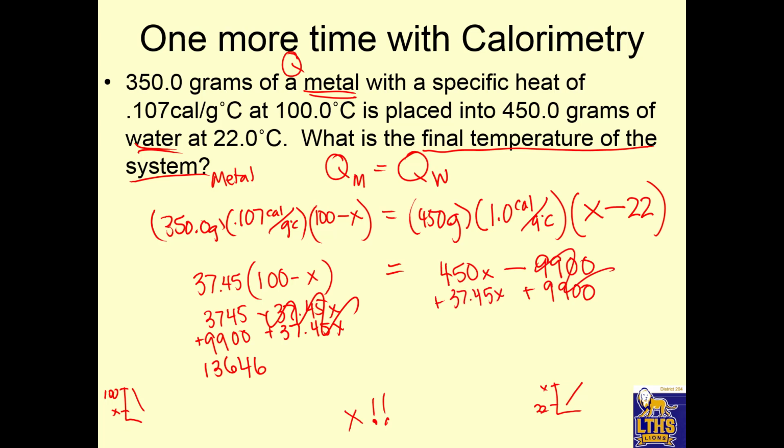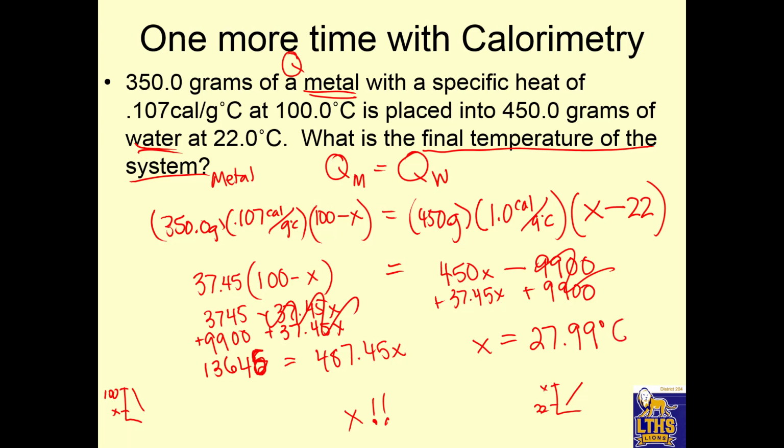So I find out that 13,645, sorry about that, I did my math early. Just write it down. Gives me 487.45X. Now I solve for X, and I find out it is 27.99 degrees Celsius. What does that mean?